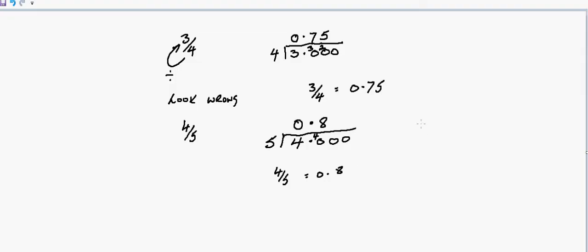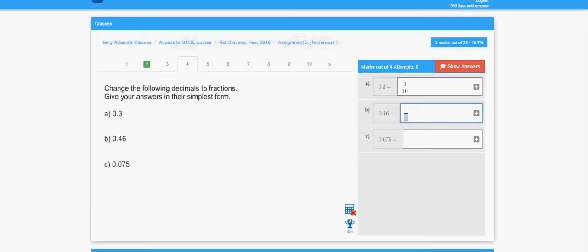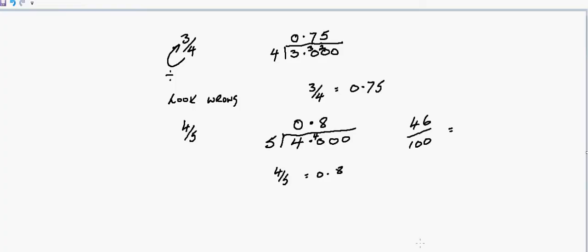Now 46 hundredths is a right answer, but it can be righter, because the question says in its simplest form, so that means cancel it if you can. So they're both even numbers.